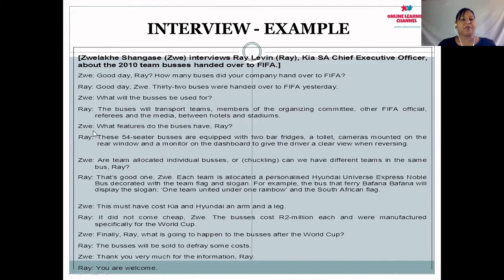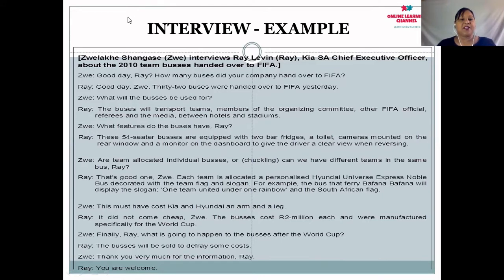Zwe. What features do the buses have, Ray? Ray. These 54-seater buses are equipped with two bar fridges, a toilet, cameras mounted on the rear window, and a monitor on the dashboard to give the driver a clear view when reversing.